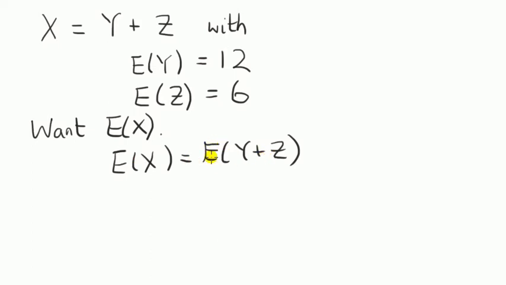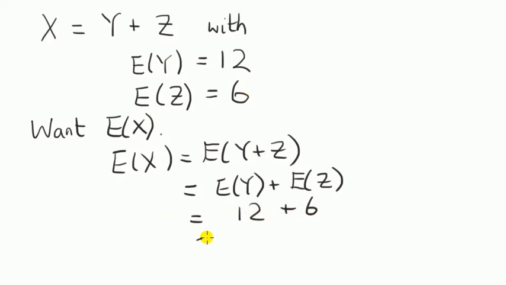Since the expectation is a linear operator, we can take the expectation through the brackets acting on each term in this summation, like so. But we know the expected value of y because we're told that it's 12, and the expected value of z we're told is 6. So the answer is 12 plus 6 equals 18, and we're done.